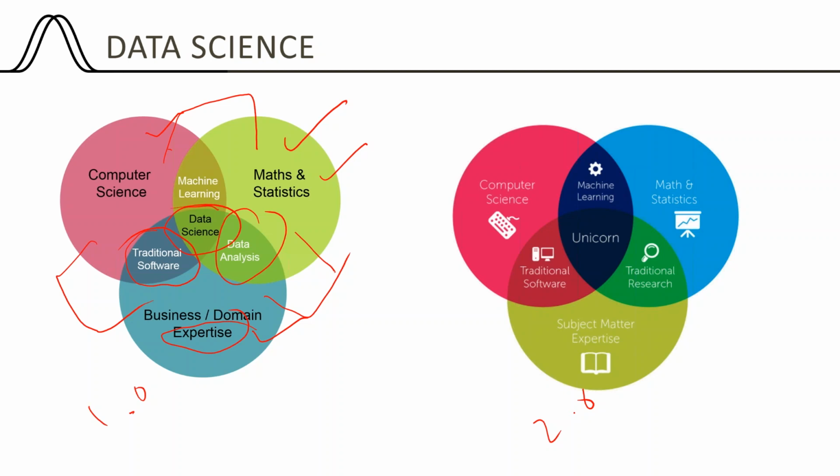In version 2, they removed the term data science. If you see, traditional software remains, and data analysis has changed to traditional research, because they are doing research based on statistics and mathematics. Instead of business and domain expertise, they're calling it subject matter expertise.